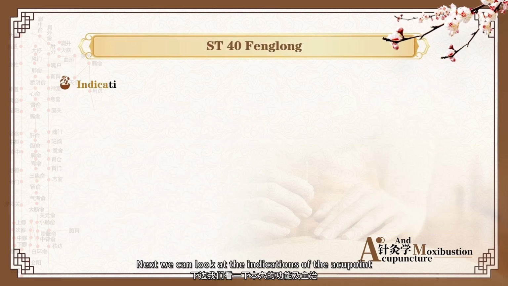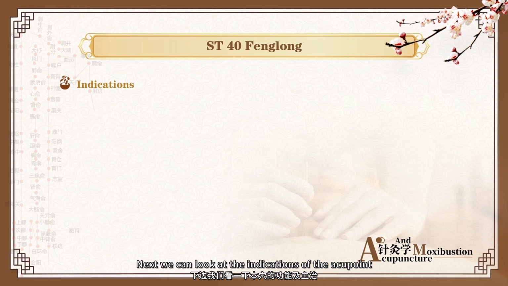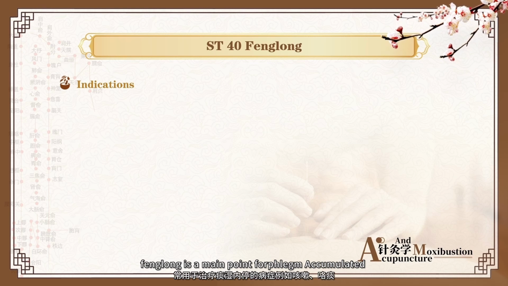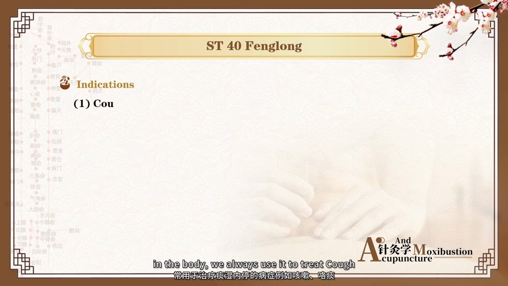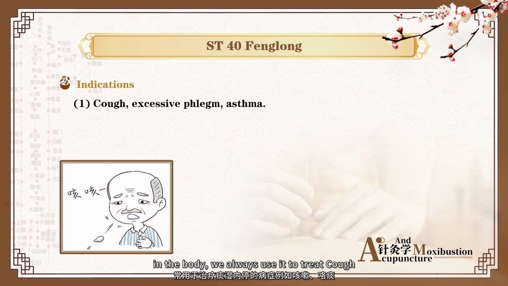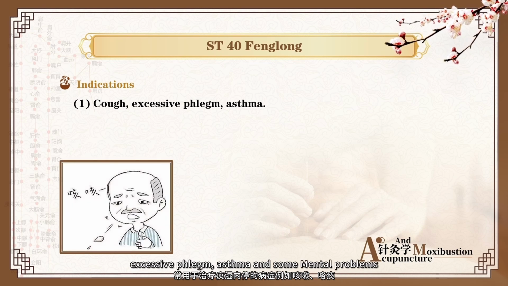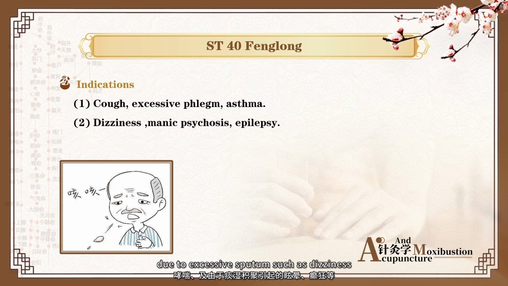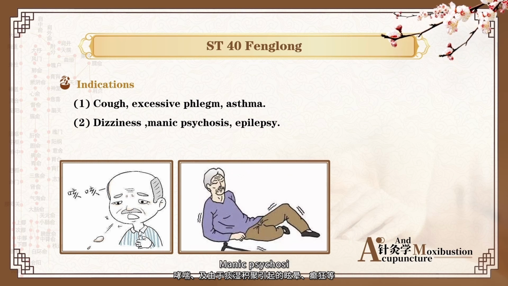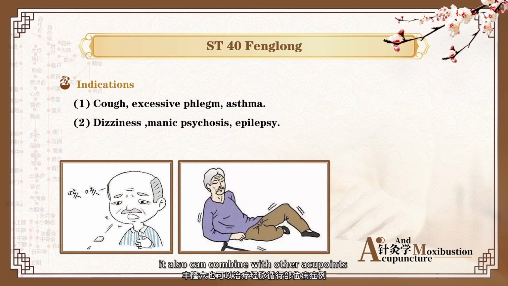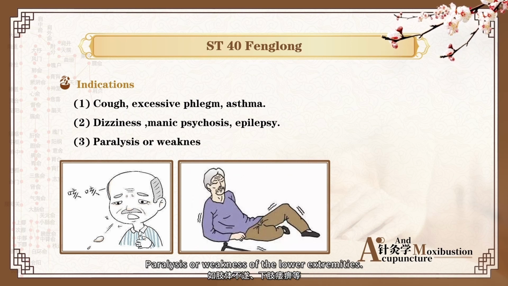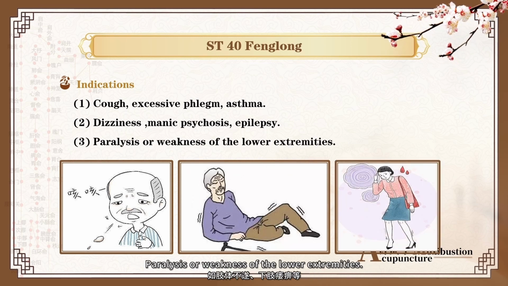Next, we can look at the indications of the acupoint. Fenglong is a main point for phlegm accumulated in the body. We always use it to treat cough, excessive phlegm, asthma, and some mental problems due to excessive sputum such as dizziness, manic psychosis, epilepsy, etc. It also can be combined with other acupoints on this meridian to treat meridian problems, such as paralysis or weakness of the lower extremities.